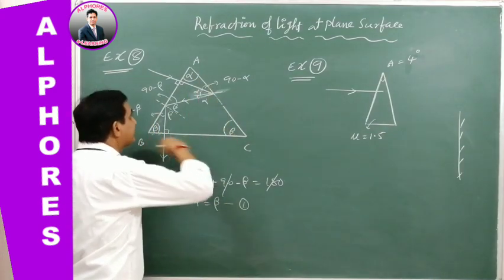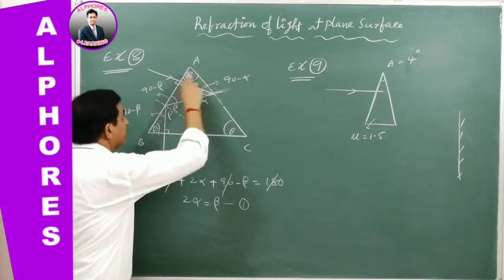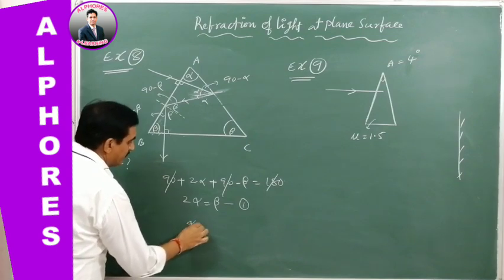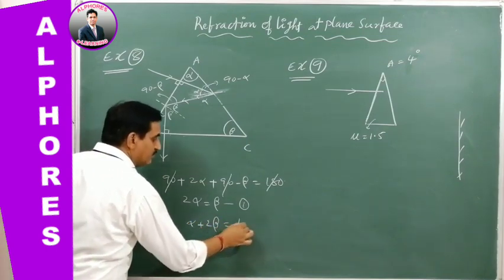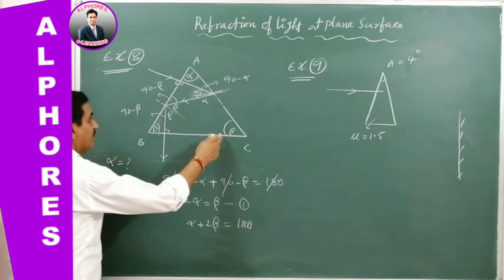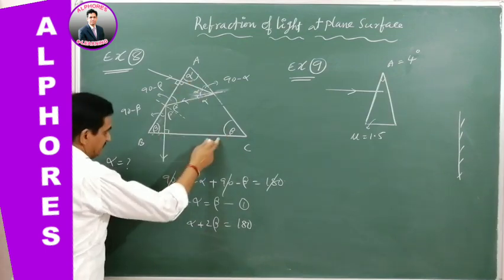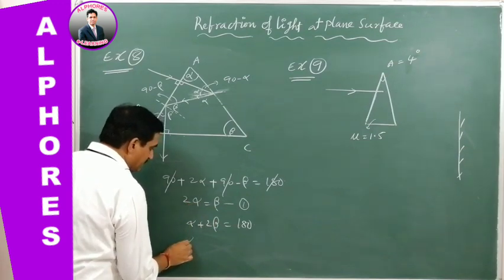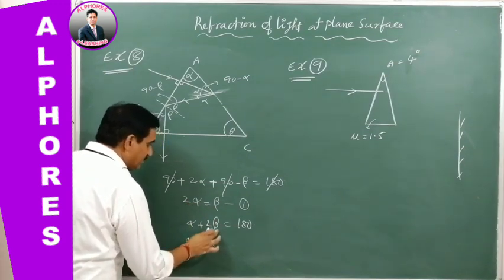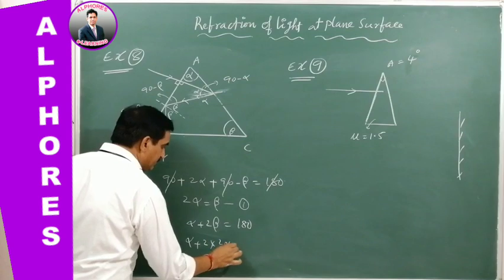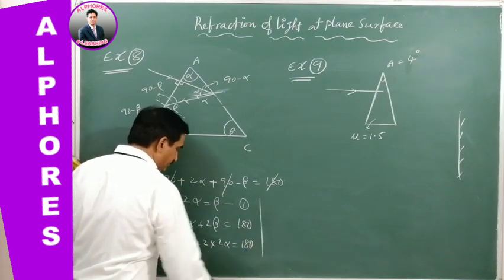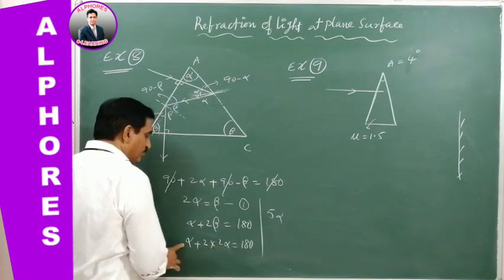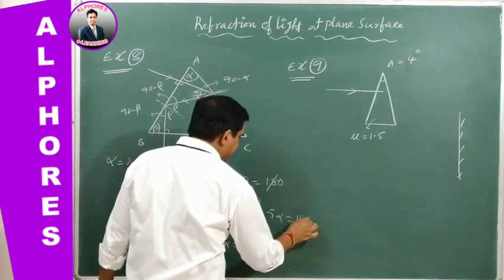And go for the big triangle. So sum of the angles: alpha plus 2 beta is equal to 180 degree. But here it is given beta equal to 2 alpha. Alpha plus 2 into beta, which is 2 alpha, equals 180 degree. Therefore, here total 5 alpha. See, 2 into 2 is 4, 4 plus 1, 5 alpha is equal to 180 degree.